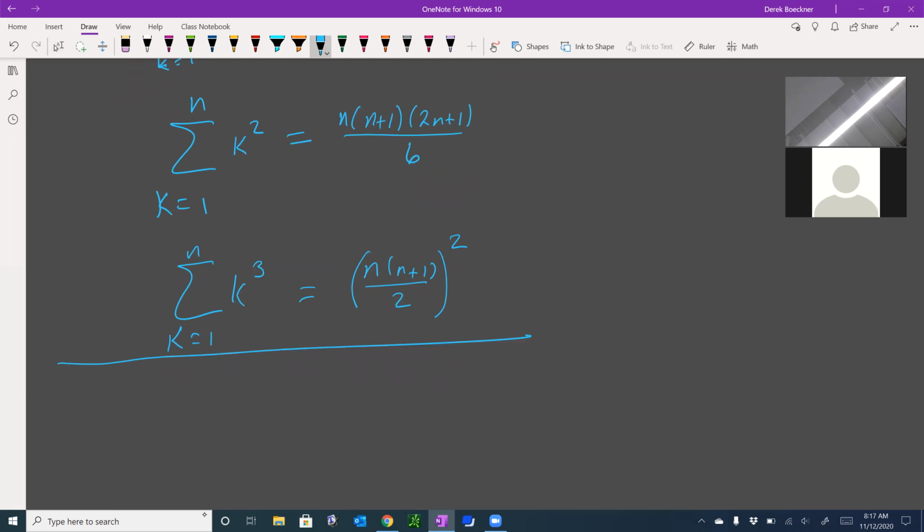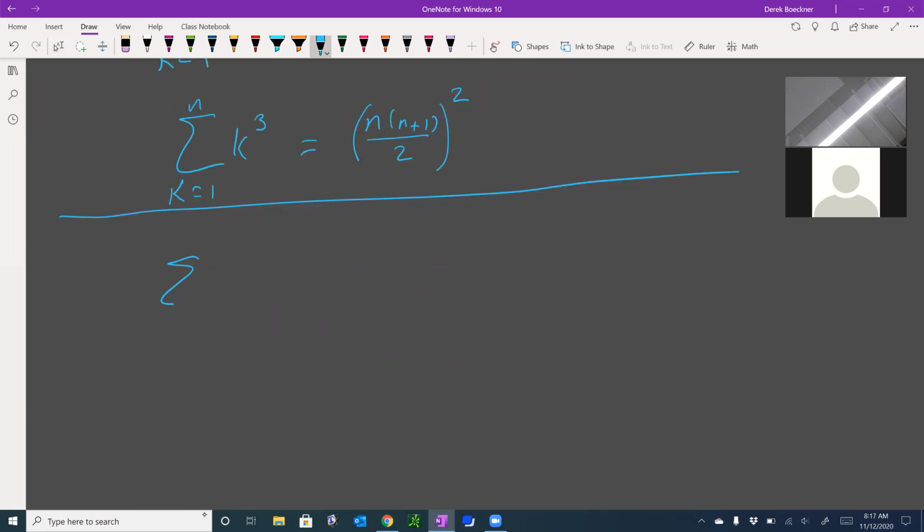Maybe we should see some examples. What's the sum from I equals 10 to 20 of I? Well, I'm going to rewrite this. This is the sum from I equals 1 to 20 of I minus the sum from I equals 1 to 9 of I. And that's going to be 20 times 21 over 2 minus 9 times 10 over 2.